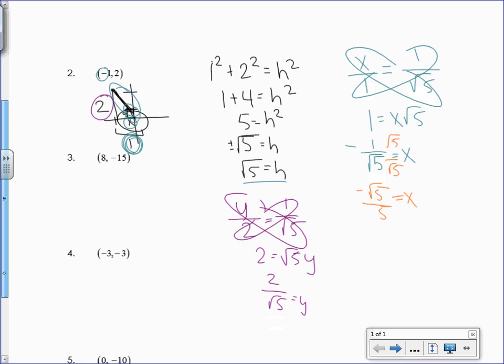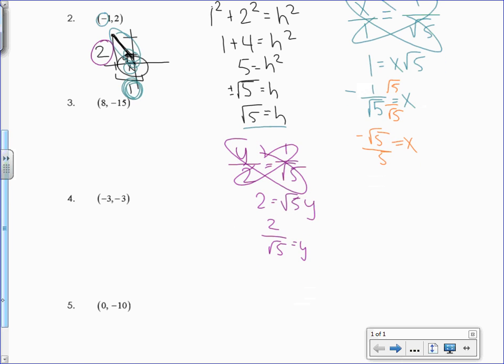Now here, I'm in quadrant 2, so it's okay that my y is positive. I don't need to change my sign, but I do need to rationalize still. Rationalizing is like simplifying. We always do it. So I get 2 times the square root of 5 over 5 as my y value.